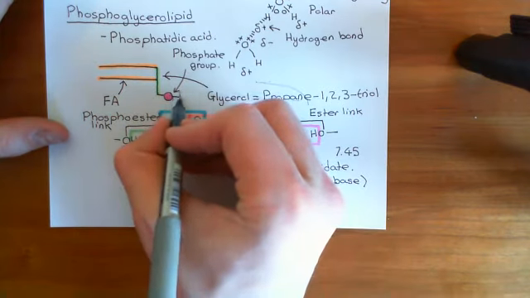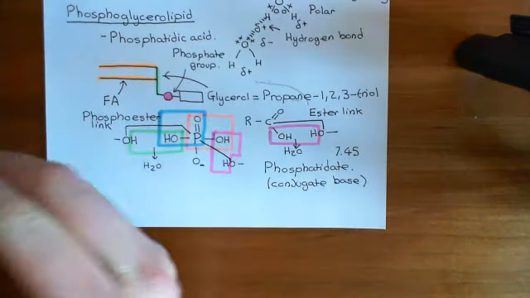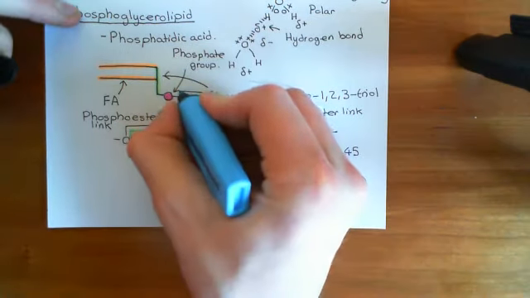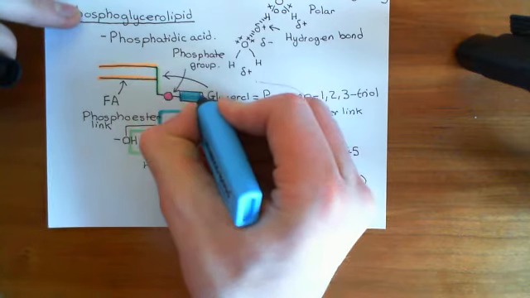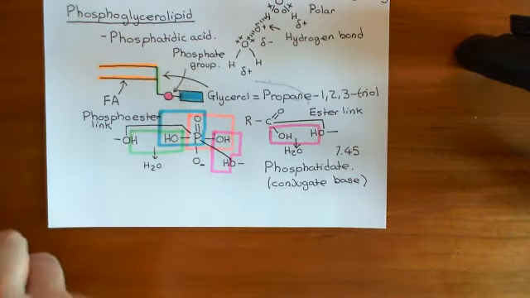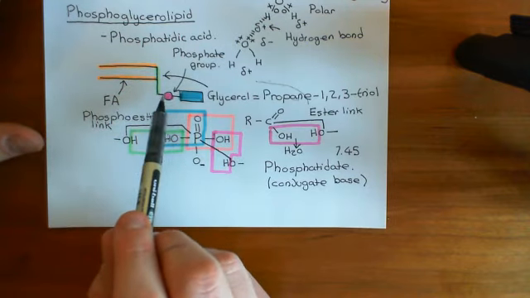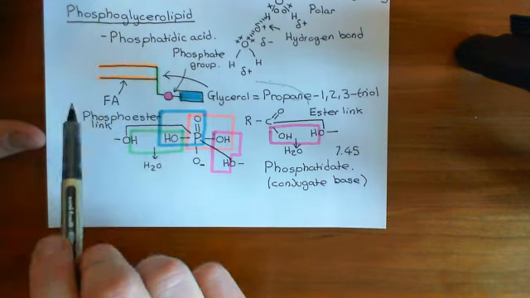So we're going to stick a group on there effectively, and this is going to have to be an alcohol molecule that we're sticking on there, and that's how you get to the more general phosphoglycerolipid. You stick an additional group onto that spare alcohol group that comes off the phosphate group of the phosphatidic acid molecule.